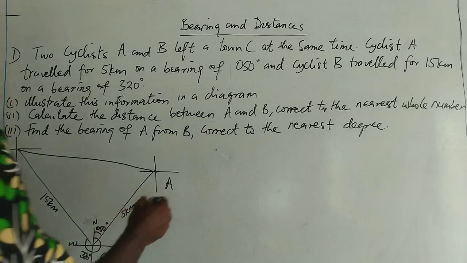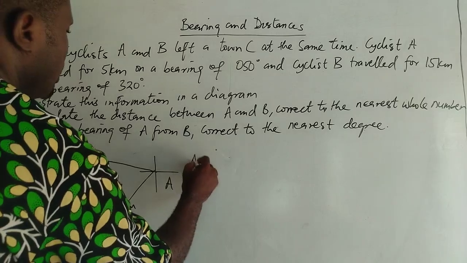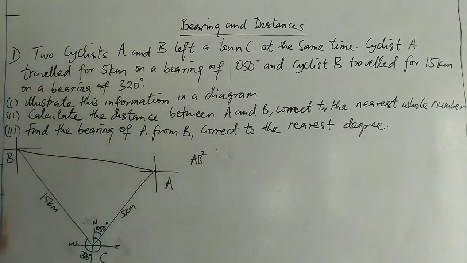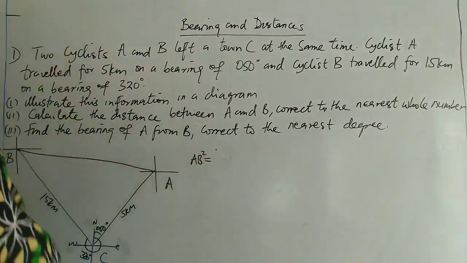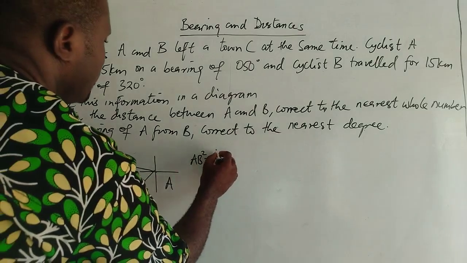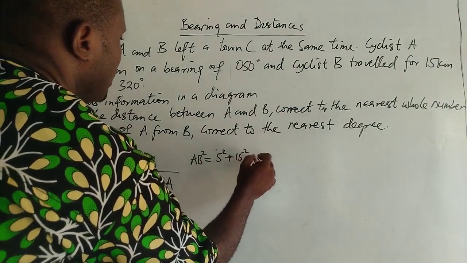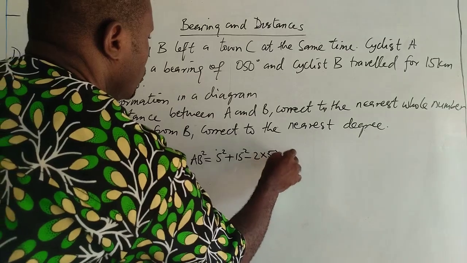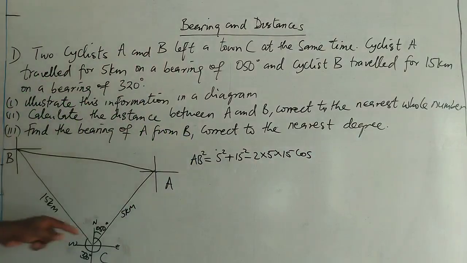So the cosine rule is the square of the missing side. So AB squared, the square of the missing side, is equals to the sum of the squares of the other two sides, 5 squared plus 15 squared minus 2 times those two sides, times cos of the angle facing the missing side, which is called an included angle.